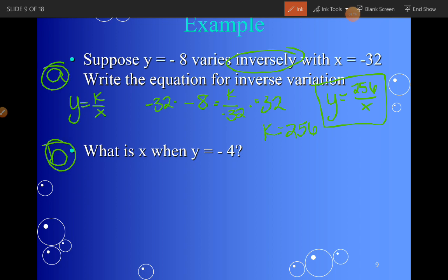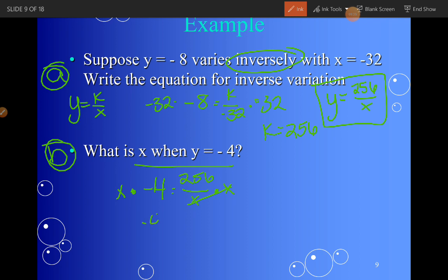Part B wants to know what is x when y is equal to negative 4. So again, we're just going to plug in everything we know into the equation that we made. So I know y is equal to negative 4. I know k is 256. And I'm going to put it over an x. Now here, again, we're going to multiply, keeping with that consistent pattern of multiplying by whatever's in the denominator.